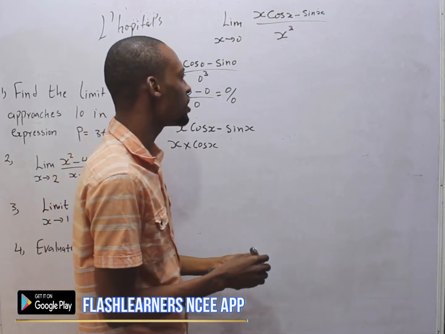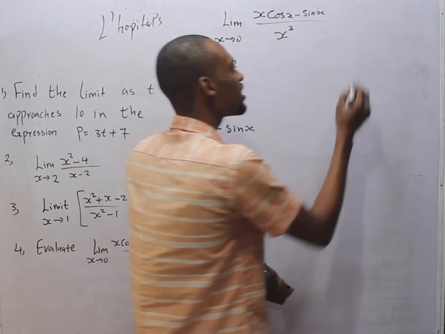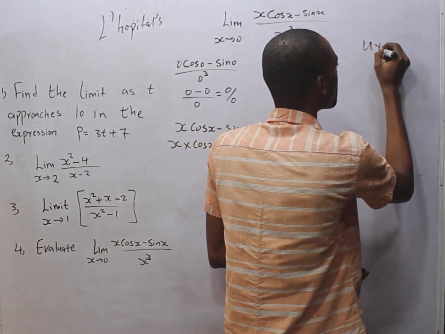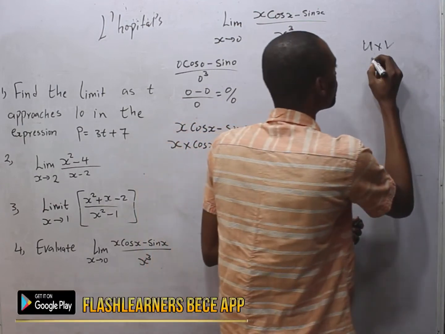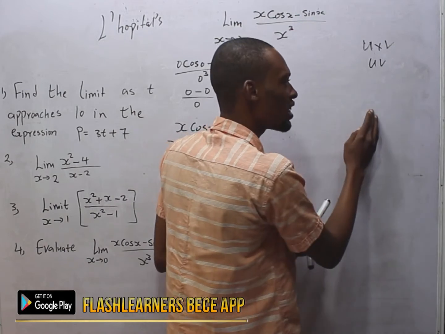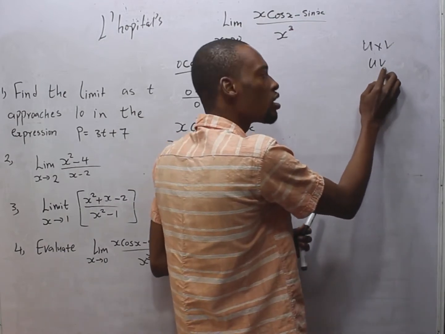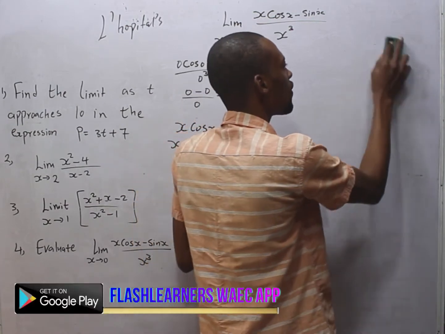What does product rule mean? Product rule means if you are given two values, let's say u times v, which is the same thing as uv, it says you keep u constant, you differentiate v, plus you keep v constant, you differentiate u.